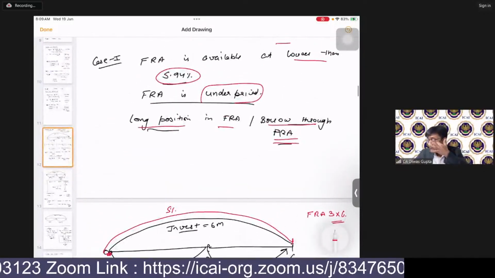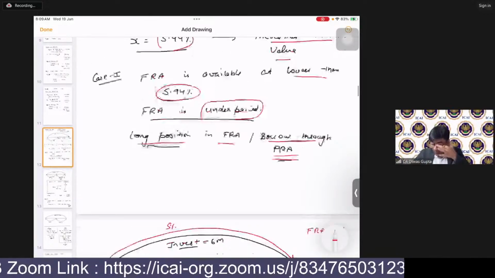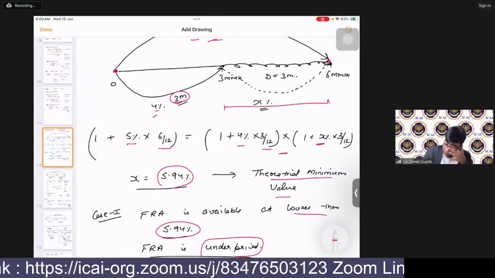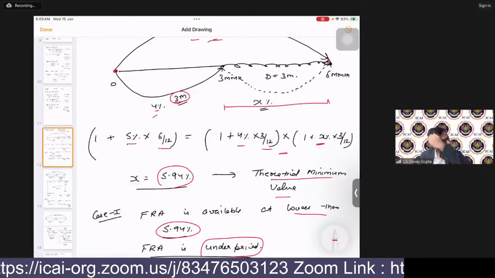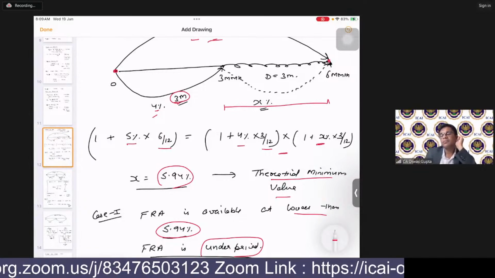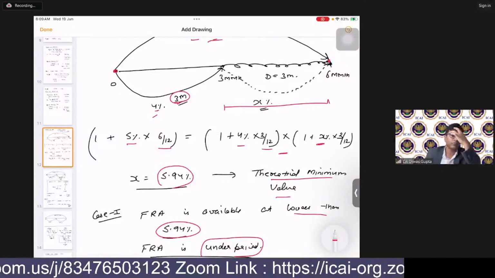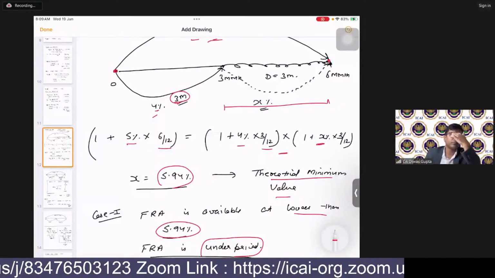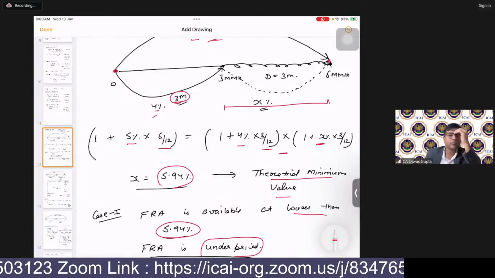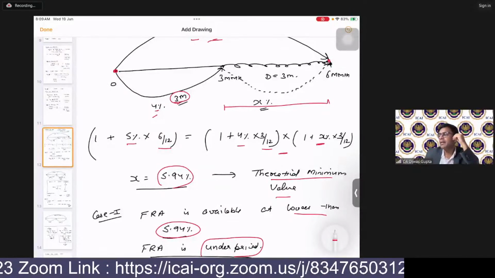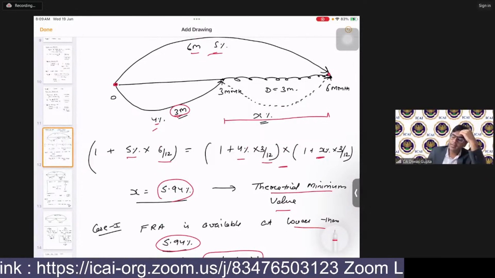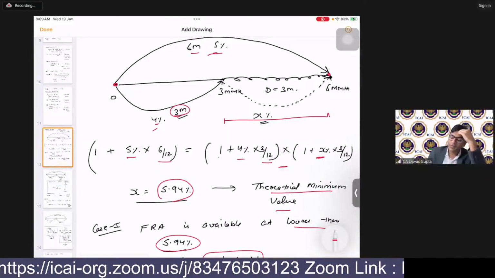Now, Munish is asking, it should be added, not multiplied. Are you referring to this? This multiplication is correct only. This should not be added. Reason being, I'll tell you the reason also. So here you are saying 1 plus 4% into 3/12.